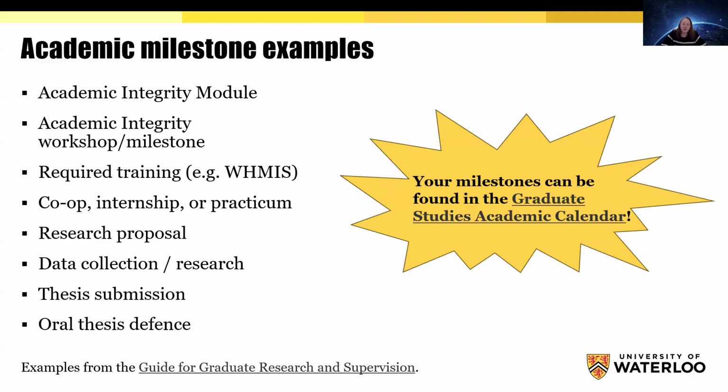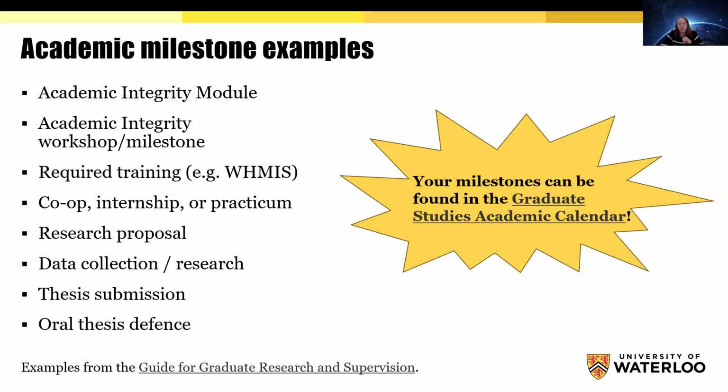So there's tons of different milestones. The important thing to know is that not everyone in your department may have the same milestones, right? For example, when I was doing my master's in sociology, there were three different streams to the master's program: the course-based stream, the major research paper stream, and the thesis-based stream.